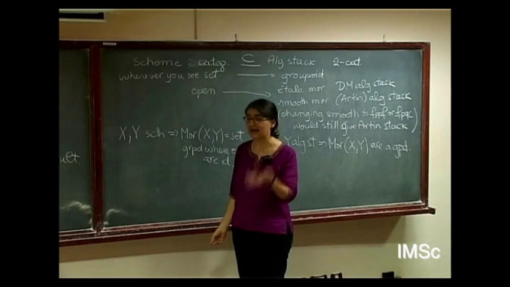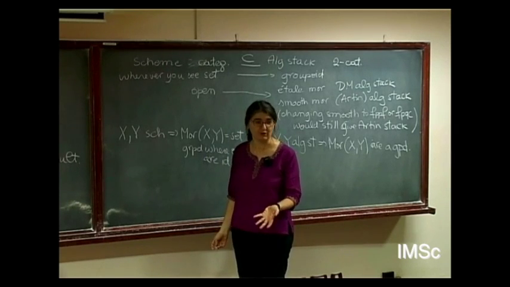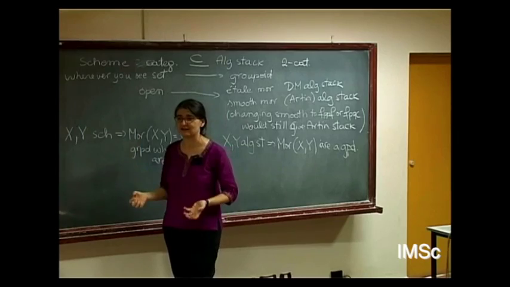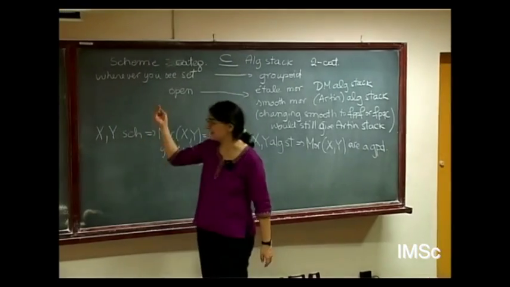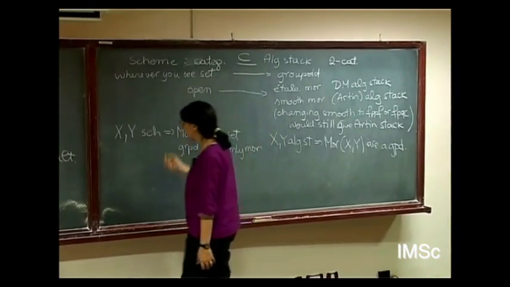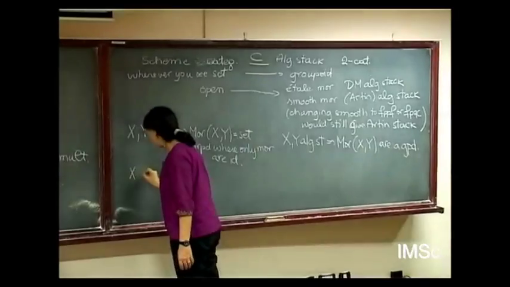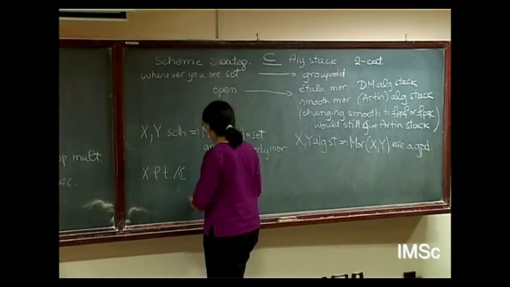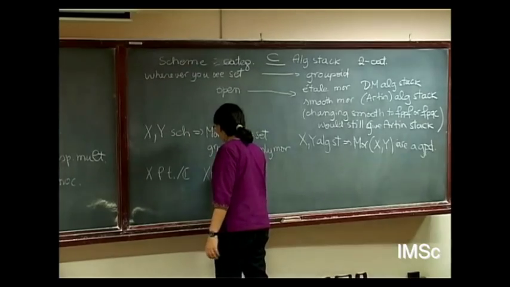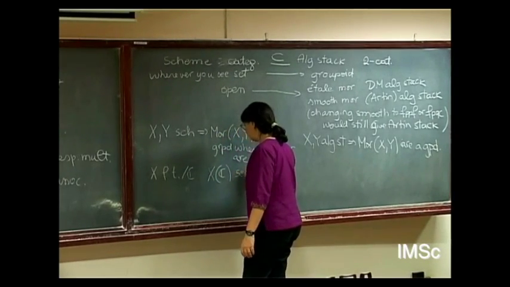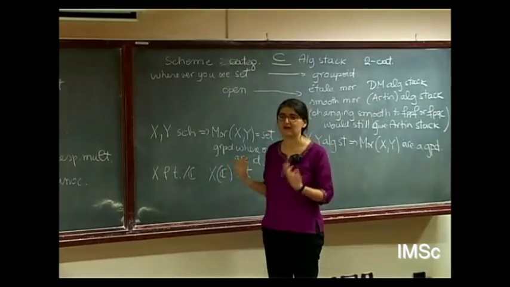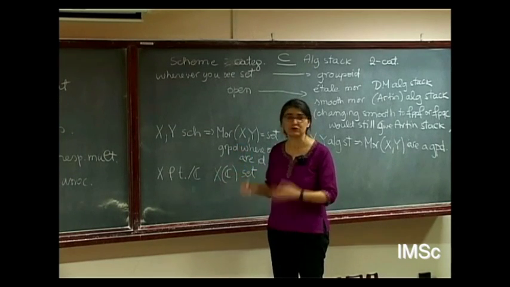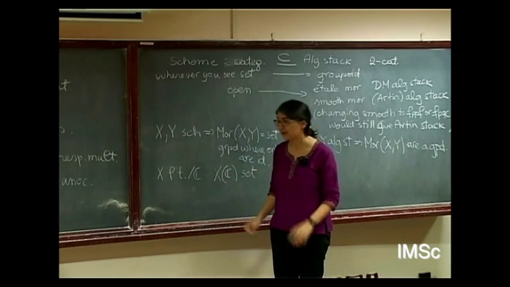So I have a set of complex points, and then on these points I have a topology and I have charts, etc. So the typical case, if you have X of finite type over C, then in particular you have X of C, which is a set. And in some sense, this set already contains a lot of information, and you put on it a topology, and then you put a sheaf.